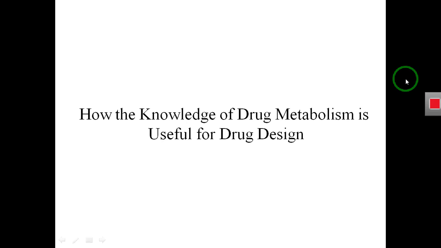I have already told you that drugs that are non-polar and lipophilic in nature cannot be excreted from the body. For the drug to be excreted, it should be more polar in nature, so it can be soluble in water. Polarity is solubility. If a drug is polar, it can be easily soluble in water.